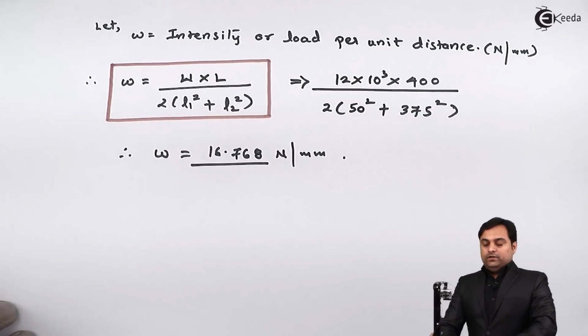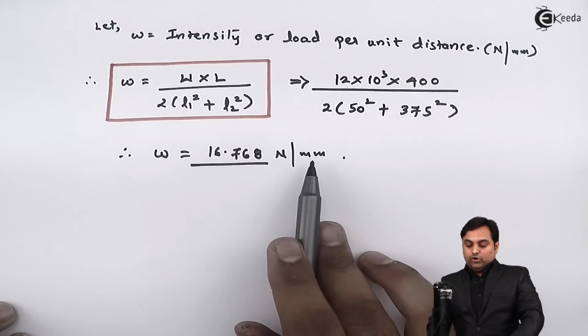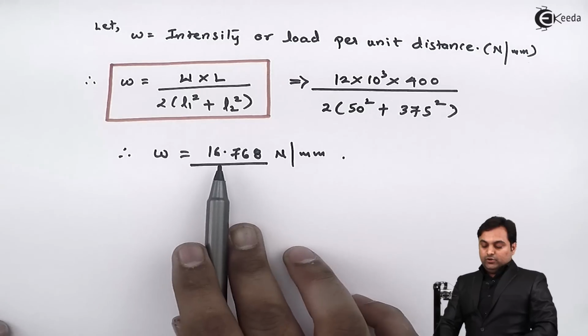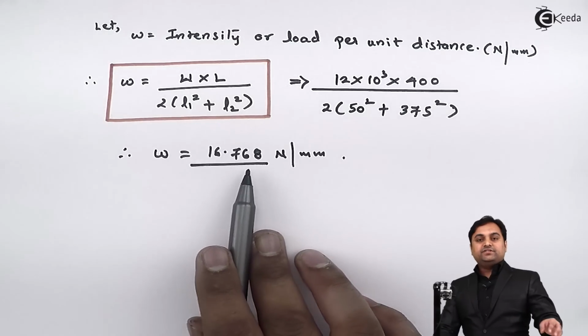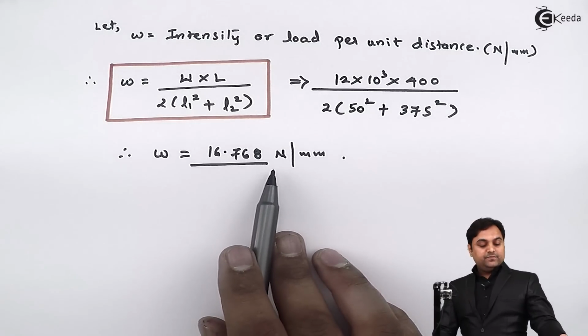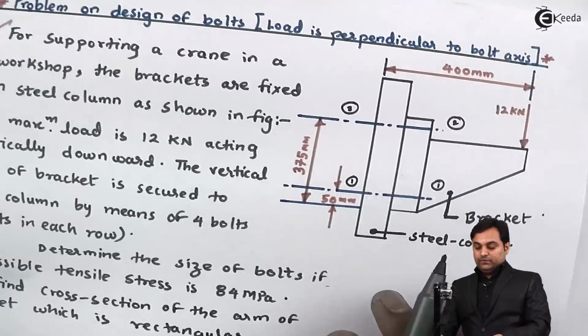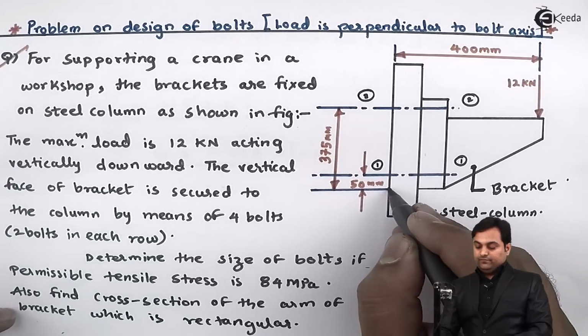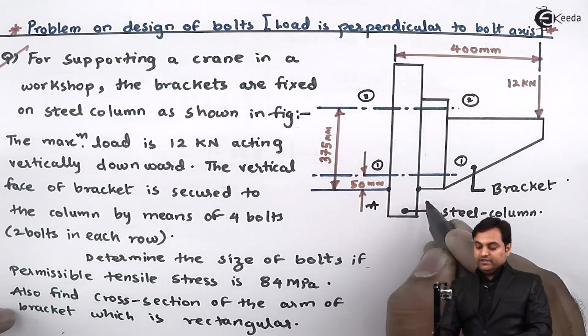Now it is clear that on 1 mm length there is a load of 16.768 Newton, and this length is measured with respect to the edge at the bottom, which is called as the tilting edge AA.